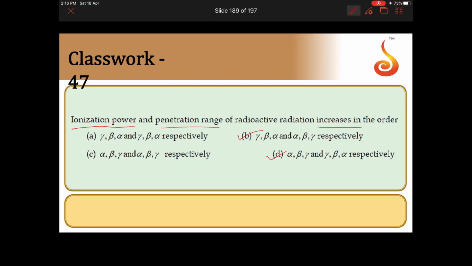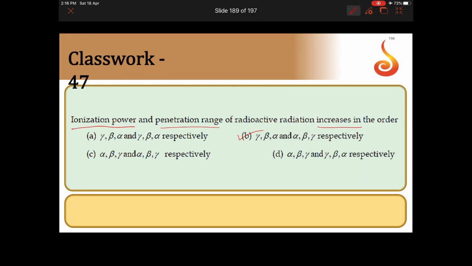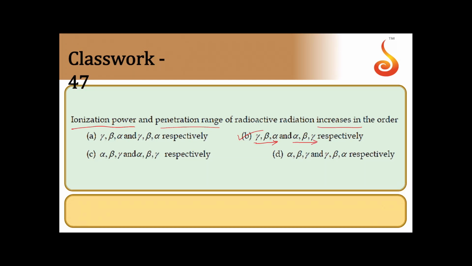So increasing order means it should be option B, not D. Ionization power goes on increasing in this direction, penetration power goes on increasing in this direction. So it should be option B.